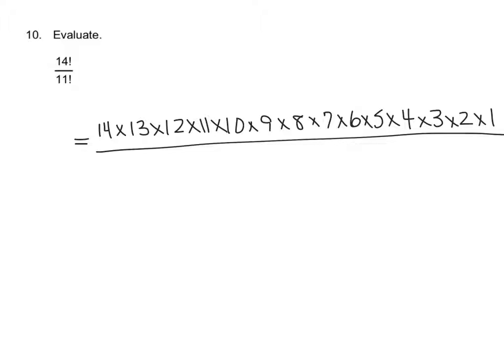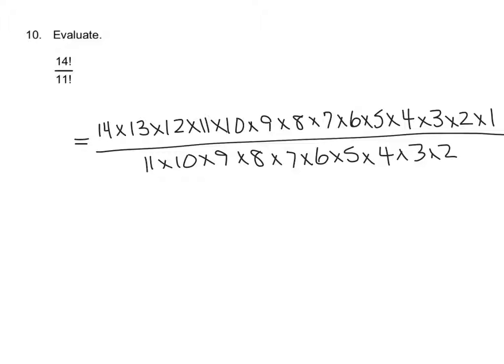Then if we were to write 11 factorial on the bottom, we would have 11 times 10 times 9 times 8 times 7 times 6 times 5 times 4 times 3 times 2 times 1.